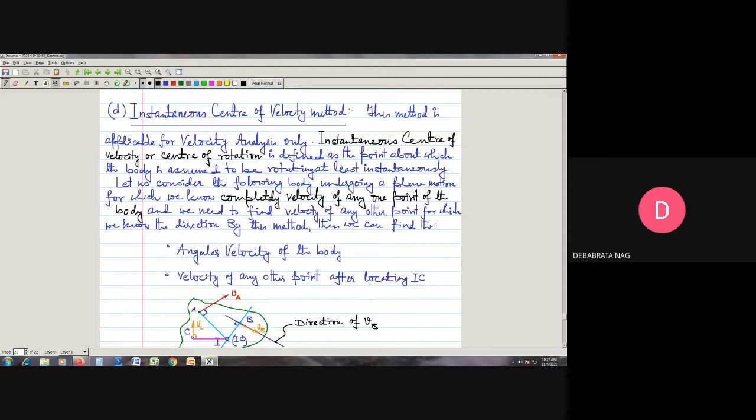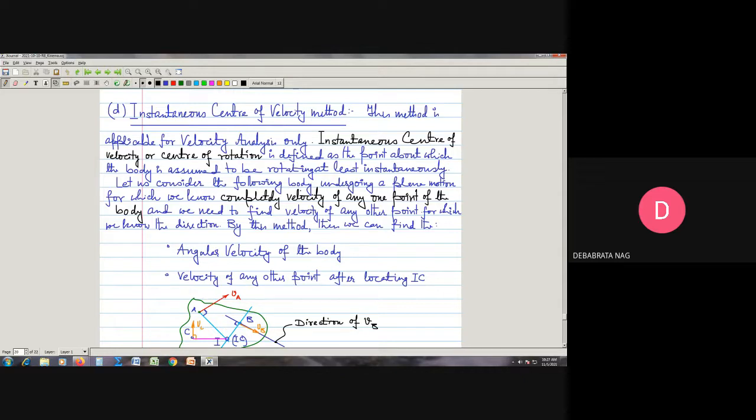After time delta t, this point will no longer remain the center of rotation of that rigid body. So it is applicable at a particular instant of time, and that's why it is termed the instantaneous center, or IC, the instantaneous center of rotation of the body.